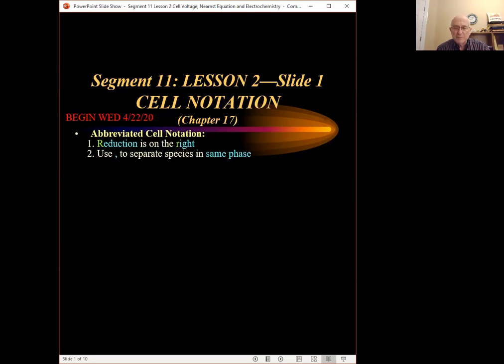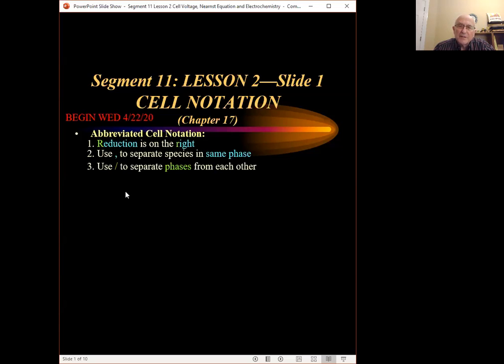If you have species that are in the same phase, and so what we're looking at, say on the right, is the reduction half cell, and if it has things in it that are in the same phase, you separate them from each other with a period.